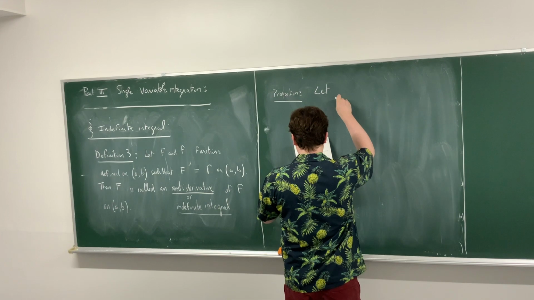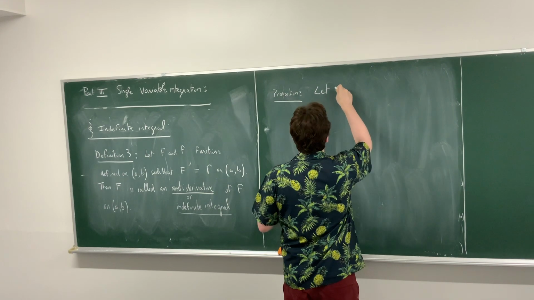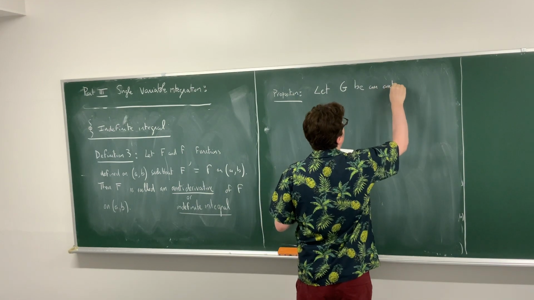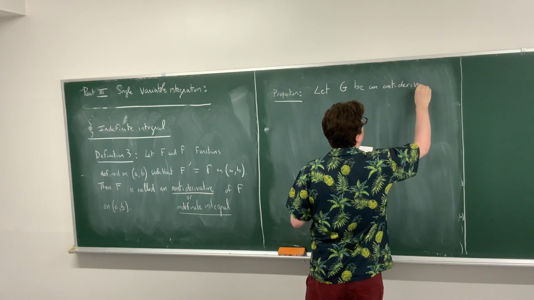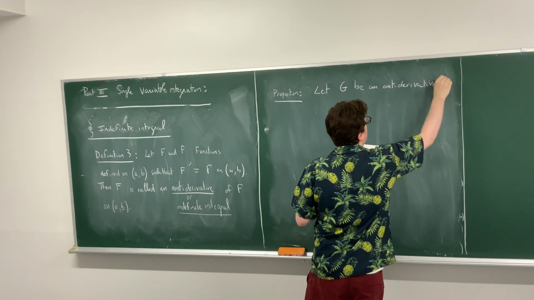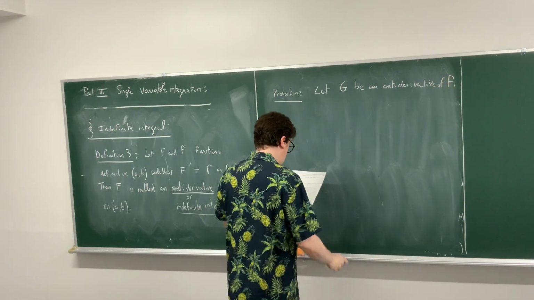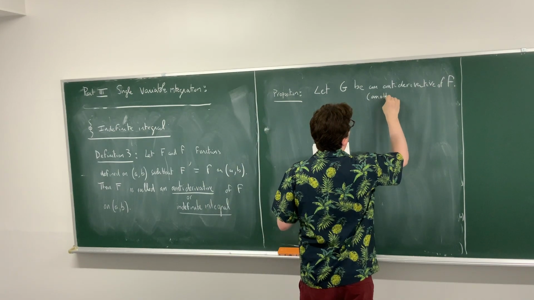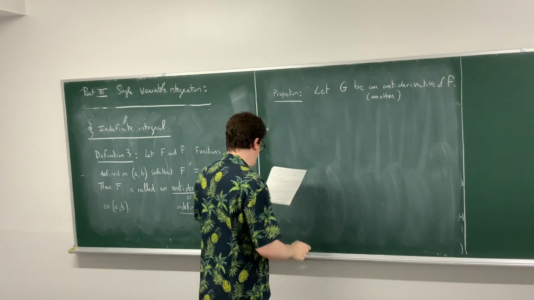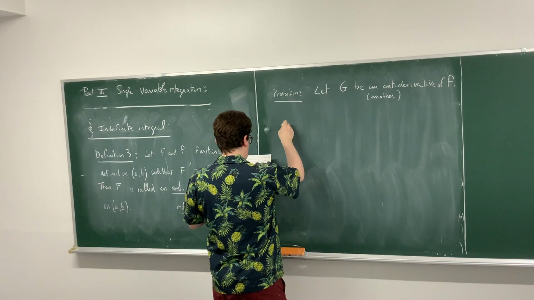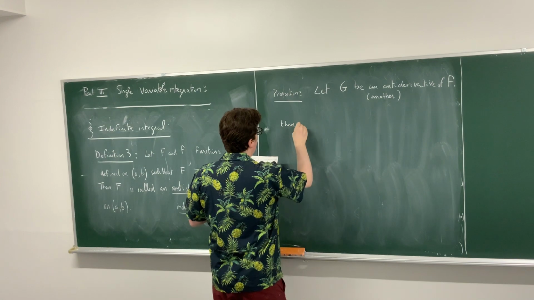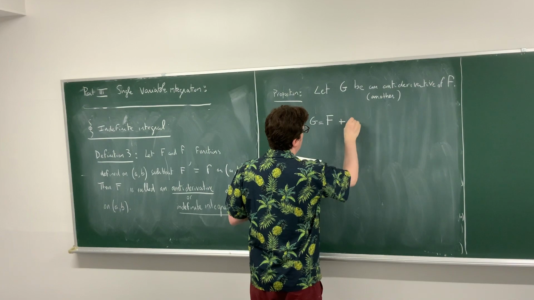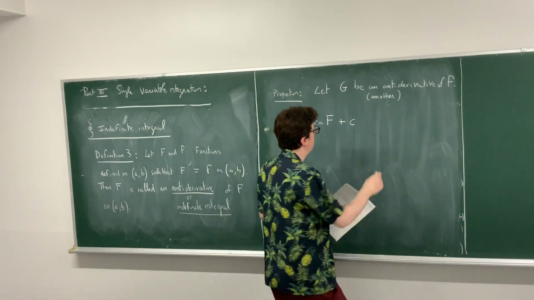Let G be an antiderivative of F, or we could say another antiderivative of F, then G equals capital F plus some constant C.